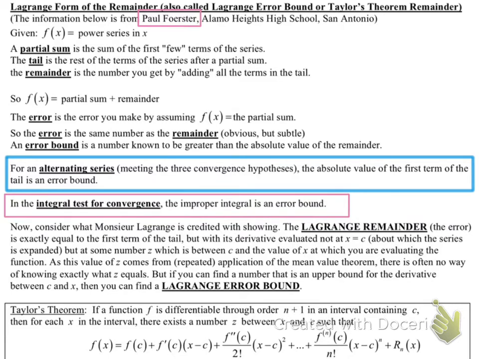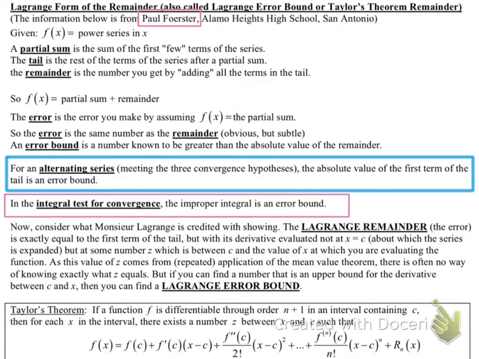Now, Monsieur Lagrange is credited with showing that the Lagrange remainder is exactly equal to the first term of the tail, but with its derivative evaluated not at x equals c, but at some number z, which is between c and the value of x at which you are evaluating this function.